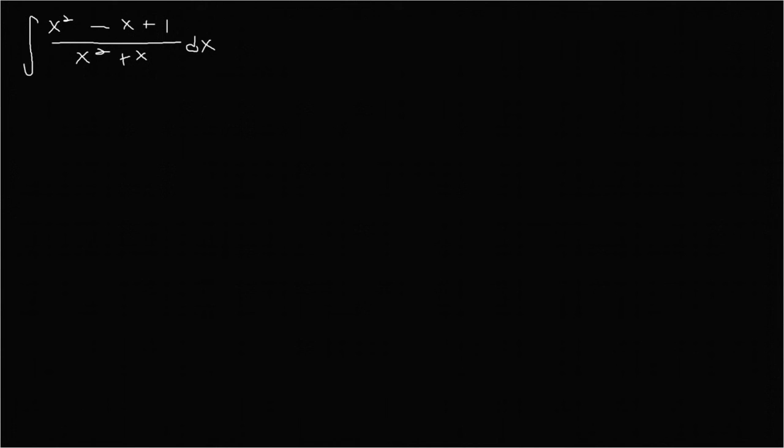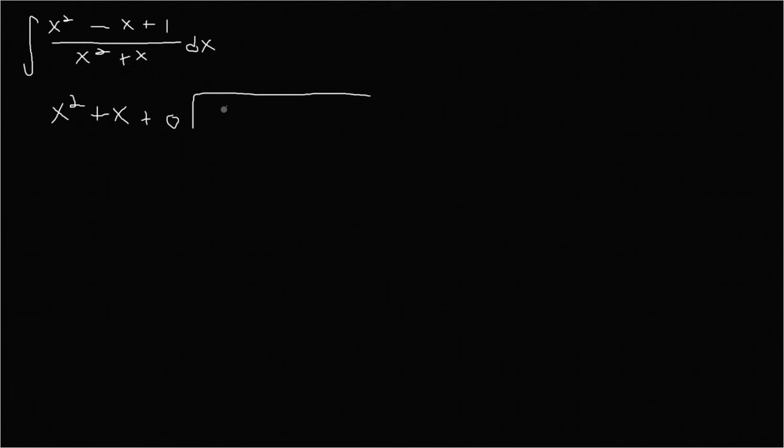Alright, so this problem is kind of interesting. So let's look at this. Again, this is not in a form where we can easily integrate it, so let's do some long division. So we have x squared plus x plus 0. Because this is not x plus some number, we cannot do synthetic division here.